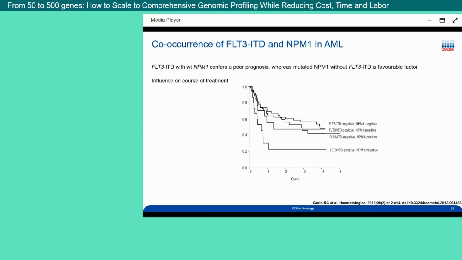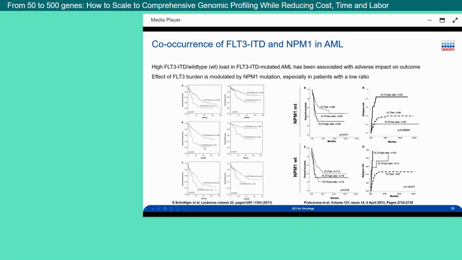It is shown that FLT3-ITD with wild type NPM1 confers a poor prognosis, whereas NPM1 without FLT3-ITD confers a favorable prognosis. These findings likely have clinical impact, making it of utmost importance to detect and take into consideration the existence of these co-mutations.